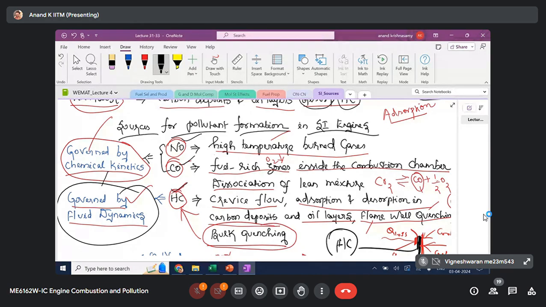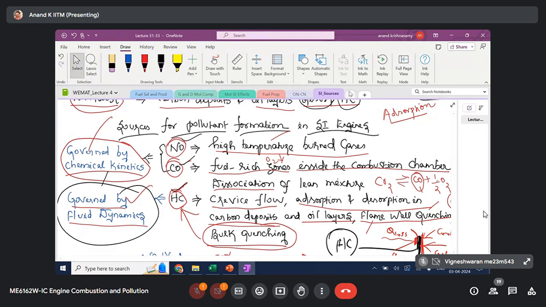That's why we say that the concentration of HC in the engine exhaust depends on the boundary layer fluid dynamics, how the fluid flows into the oil layer, carbon deposit, or the crevice. That is what decides the final concentration of HC that leaves along with the exhaust gas. So HC is based on boundary layer fluid dynamics, and NO and CO are based on kinetics.